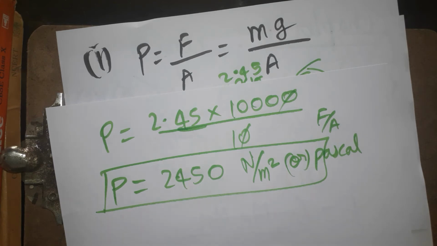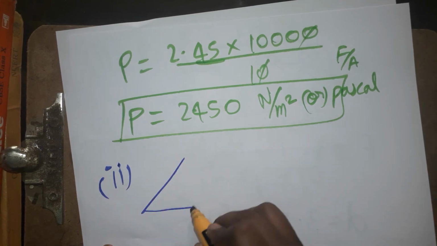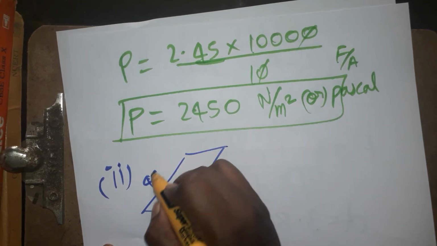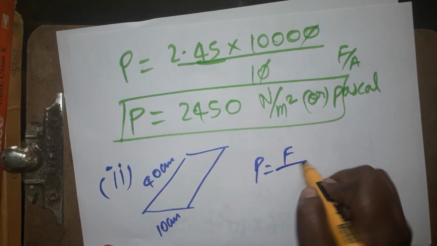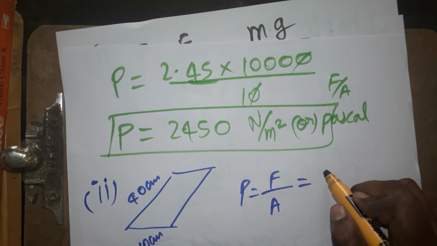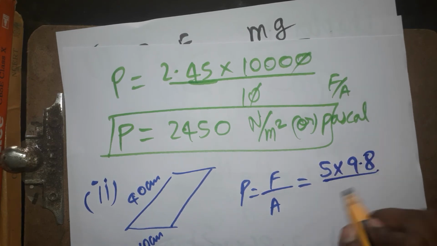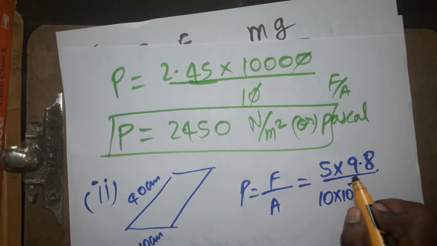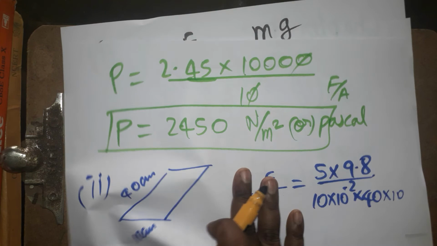Okay, next question, the second half. Now the area on the surface is going to be 40 centimeter, 10 centimeter. Pressure is equal to force per unit area. Force is how much? Mass into gravity. Mass is 5, gravity is 9.8. Area is going to be 10 into 10 power minus 2, 40 into 10 power minus 2.